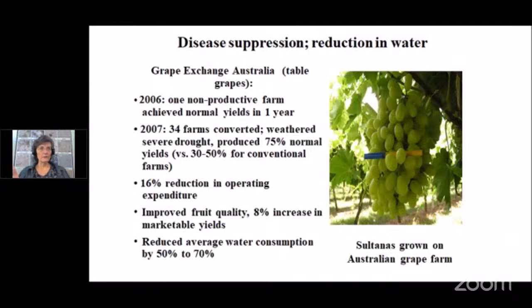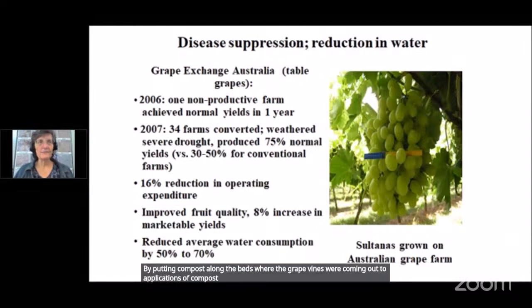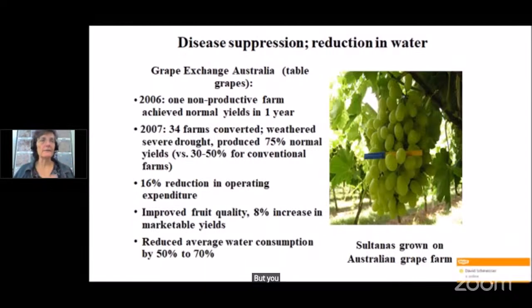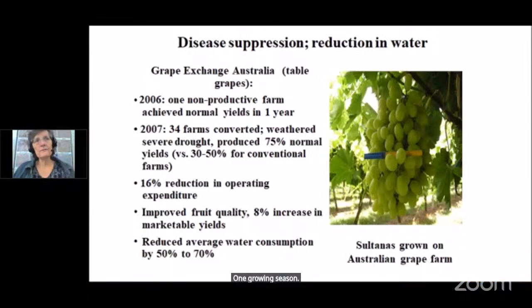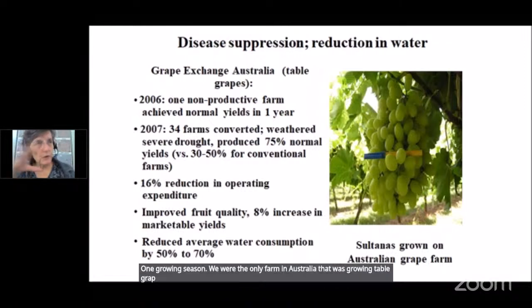So in 1 year, we started normal yields in the middle of a drought by putting compost along the beds where the grapevines were coming out, 2 applications of compost tea going on after that. But you have to make certain the biology is in the compost. It's in the compost extracts or compost teas that you're putting out. And so in that first year, 1 growing season, we were the only farm in Australia that was growing table grapes because it was in the middle of a drought.